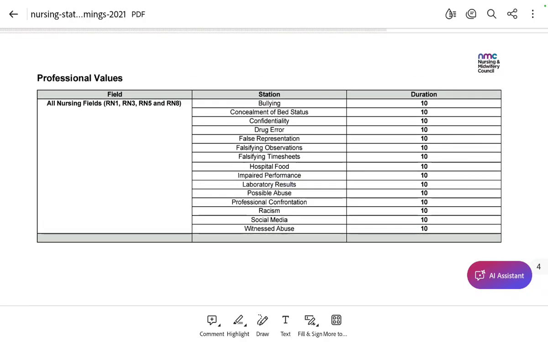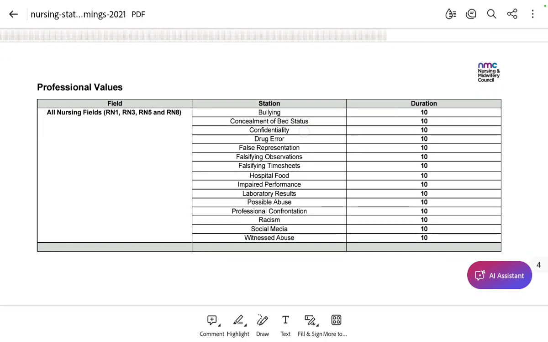So again, there will be a scenario, for example, let's say bullying. You are on a shift, you are on duty, and then you witnessed that your colleague is being bullied during his duty, and then the question will be, what shall you do in such a situation?